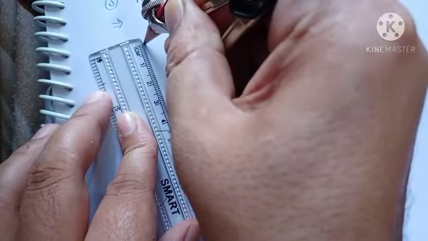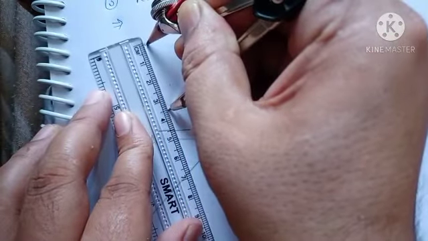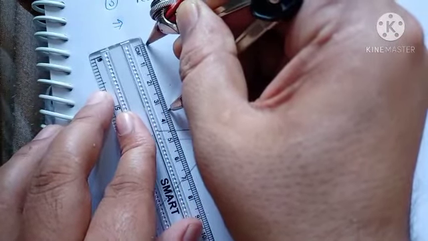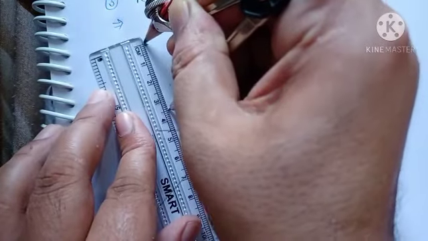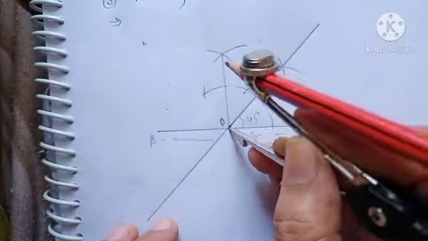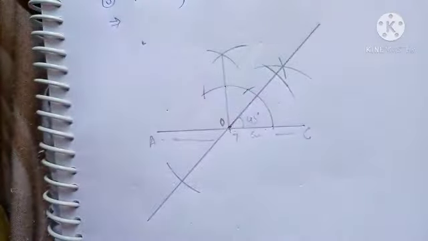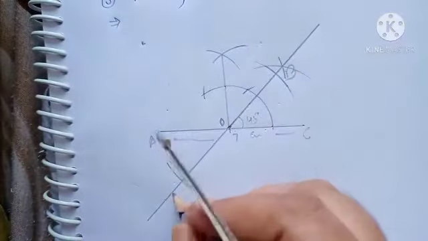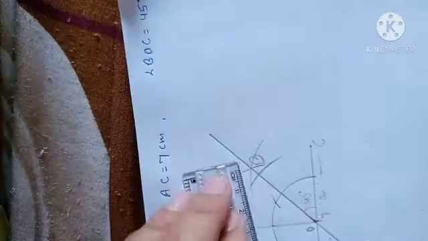And with O as center, we will draw an arc which will intersect this line and the other side also. So this point is point B and this is point D. Now join AB, BC, CD and DA.